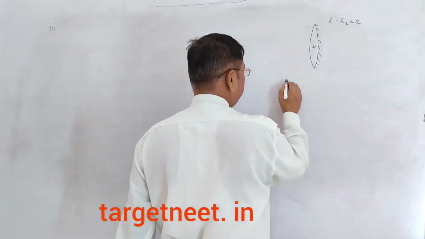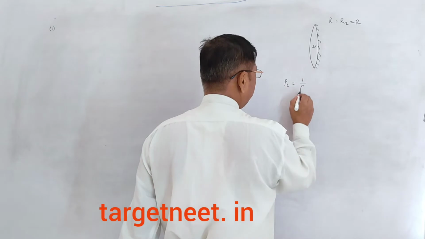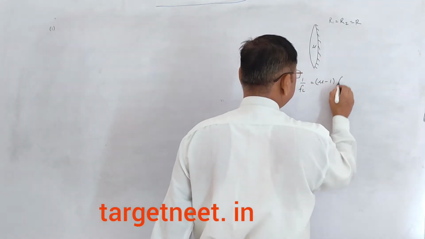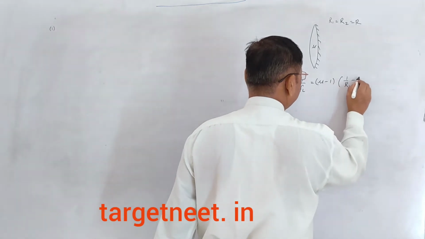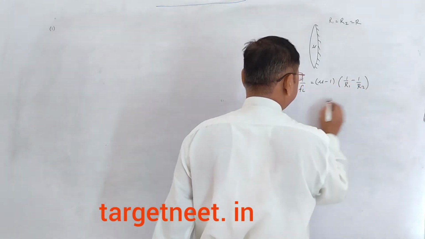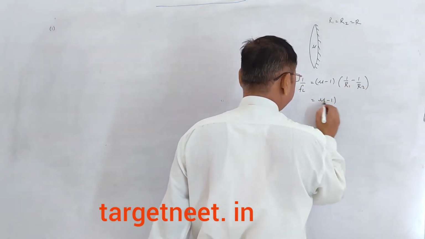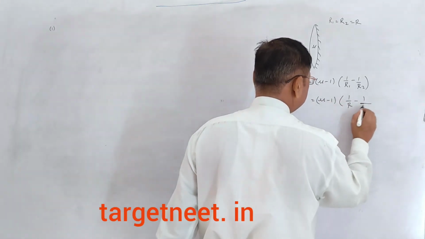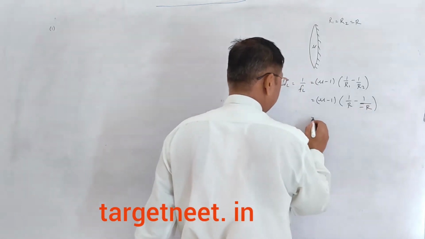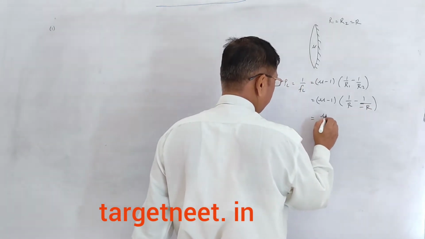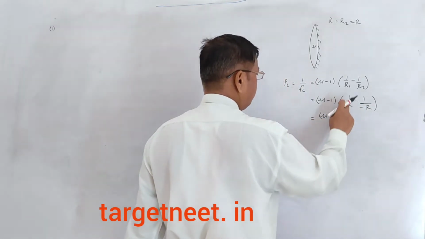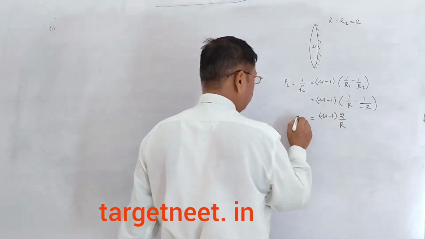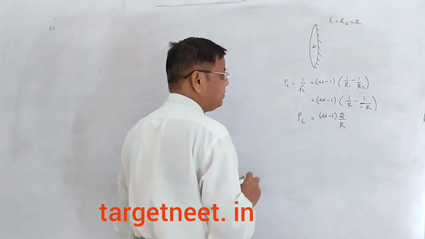So you know power of lens, 1 upon focal length of lens, is equal to mu minus 1 upon r1 minus 1 upon r2. So mu minus 1 upon r minus minus r, so it is mu minus 1 upon r plus 1 upon r, that is 2 upon r. It is power of lens.